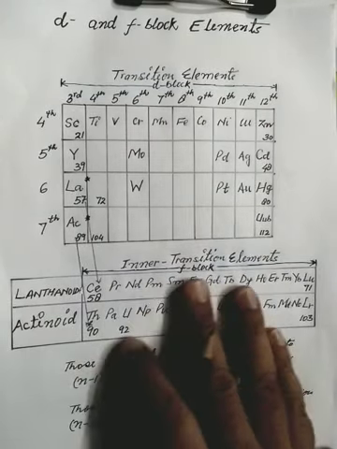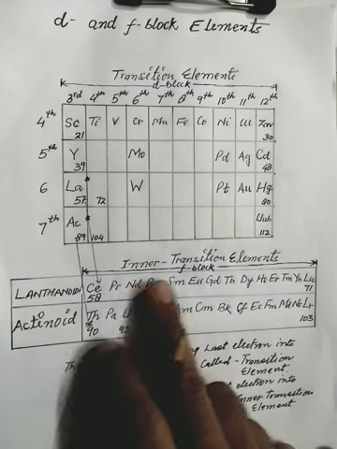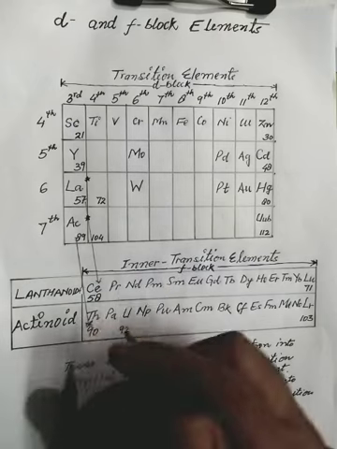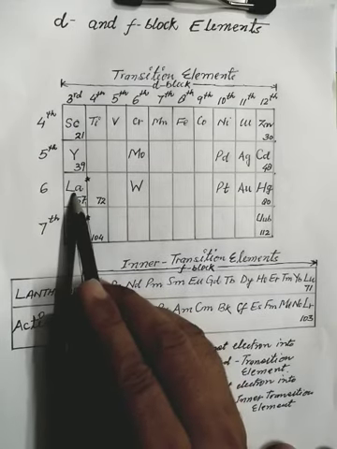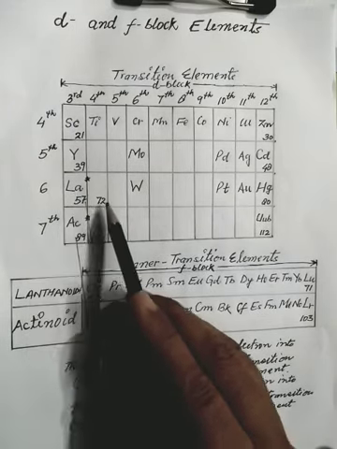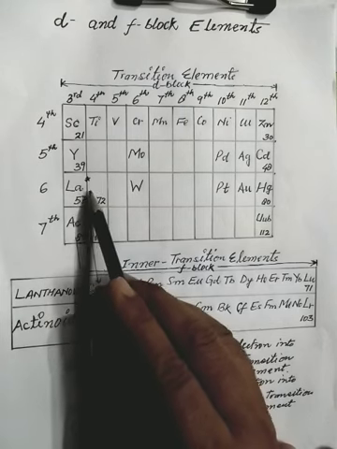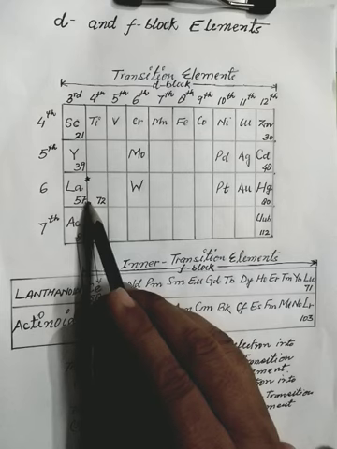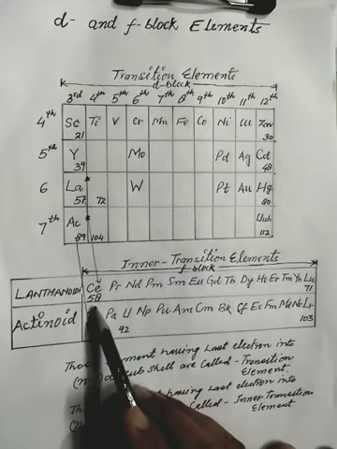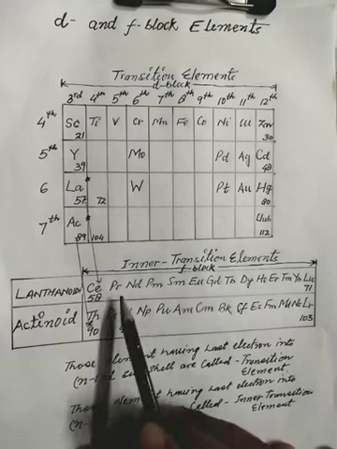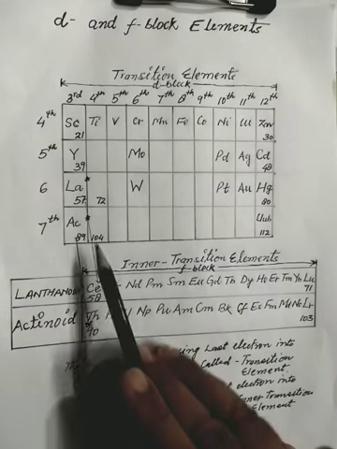Now, inner transition elements. Why are they called inner transition elements? Because they are found inside the transition elements. See here, between lanthanum and atomic number 72, that is between atomic numbers 57 and 72, 14 elements, 58 to 71, are placed in the lanthanide series, after lanthanum.